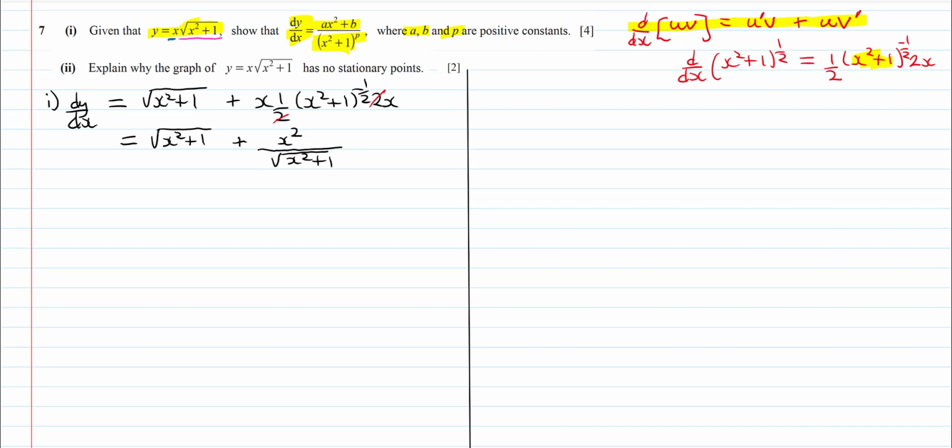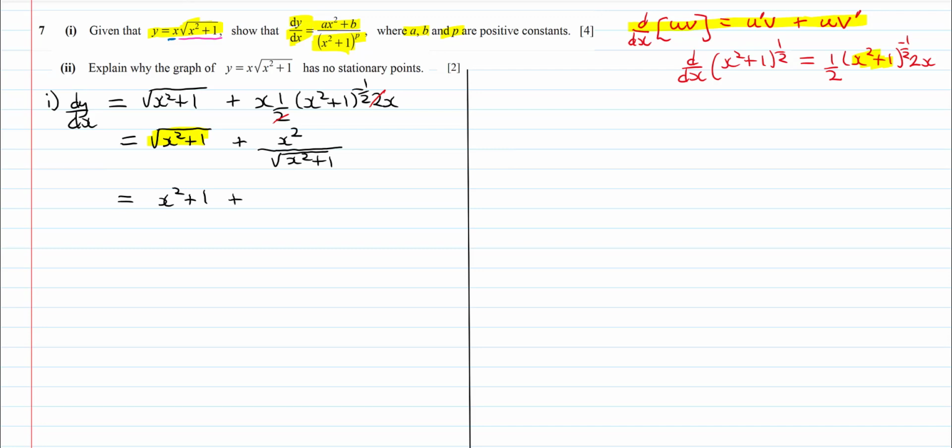So now if we multiply this term here, the square root of x squared plus 1, by the square root of x squared plus 1 over the square root of x squared plus 1, then we can write these two terms over a common denominator. So we get then, well, the square root of x squared plus 1 times the square root of x squared plus 1 is just x squared plus 1.